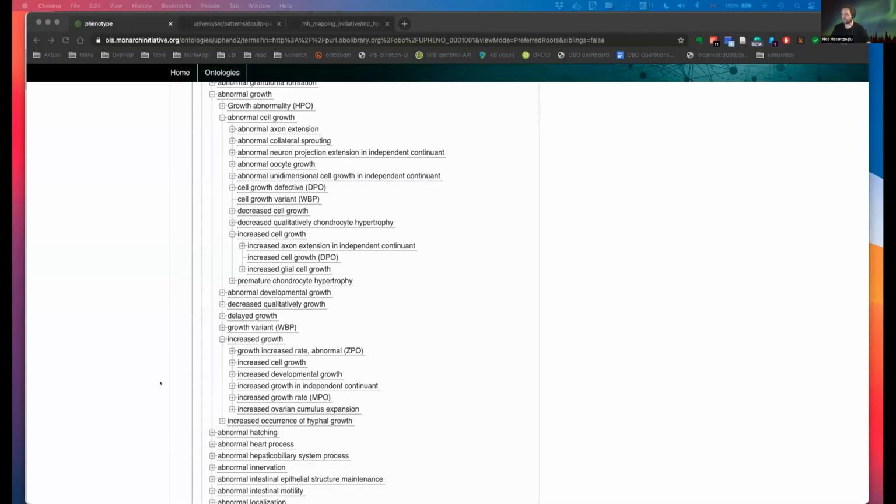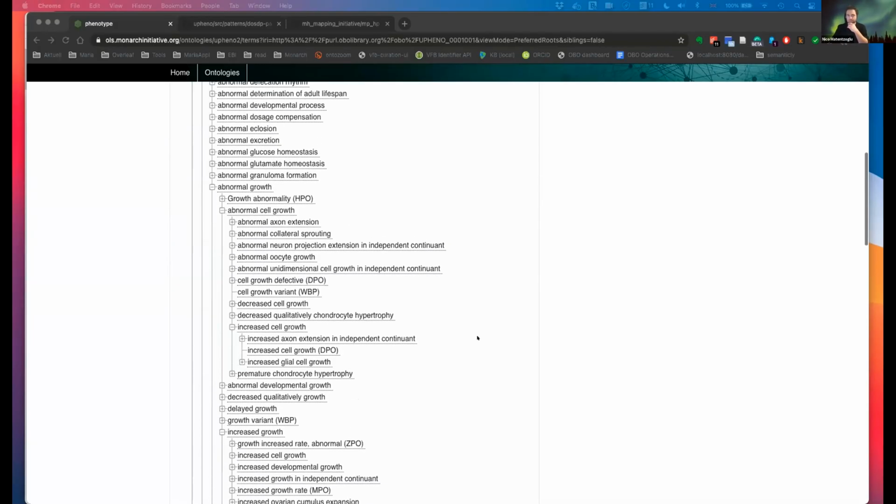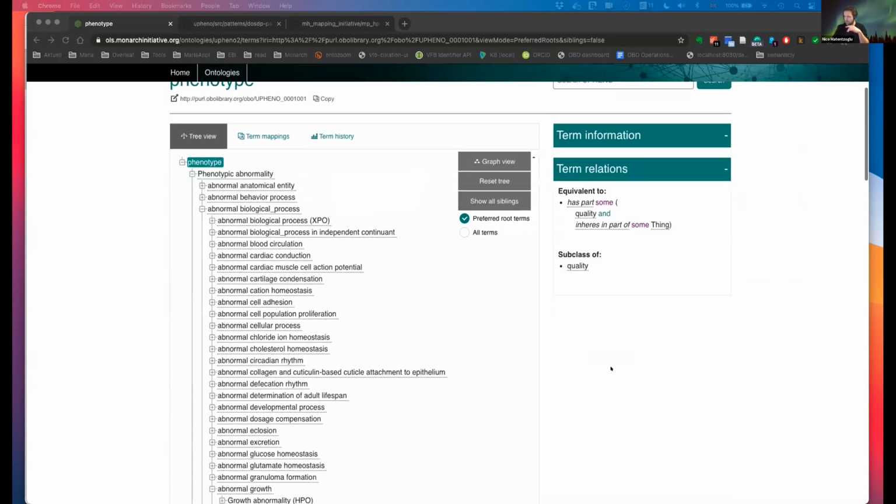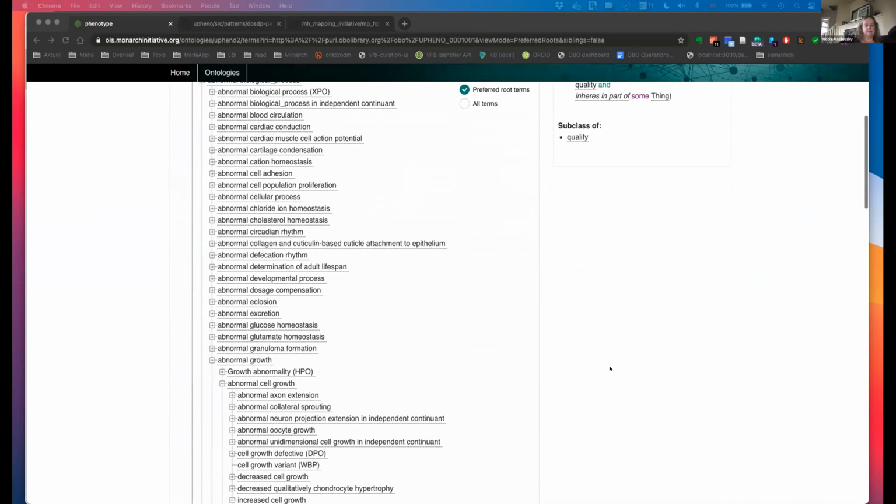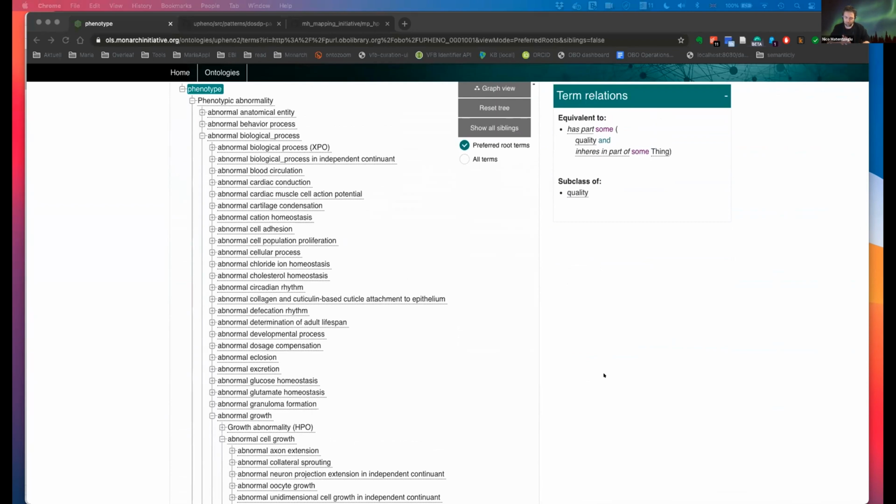So the first important thing, I guess, is, can someone confirm that you see the right screen with some kind of hierarchy on it? Yep. Yes. Great, thanks. So the first thing to think is UPheno is essentially two completely different things, I would say.